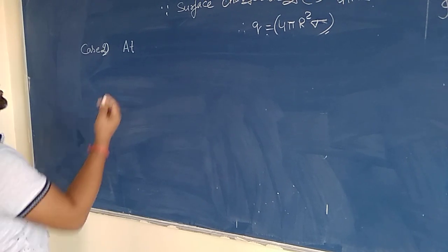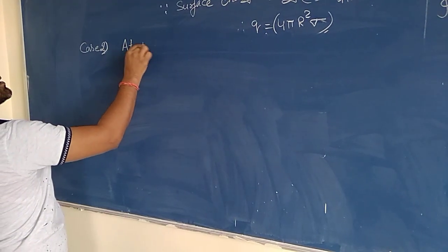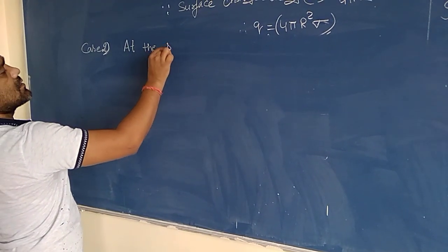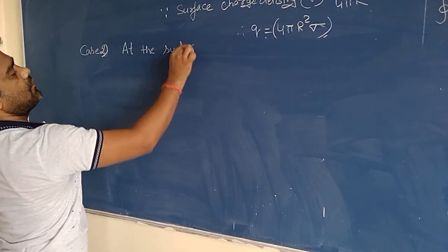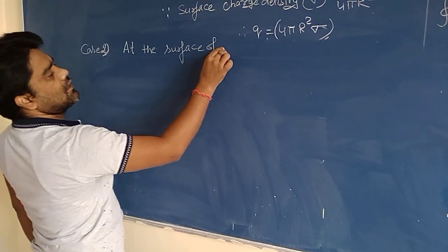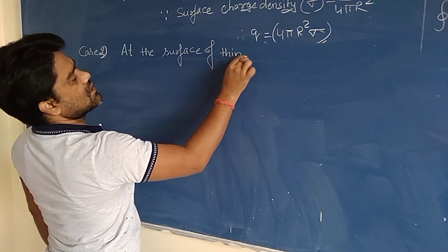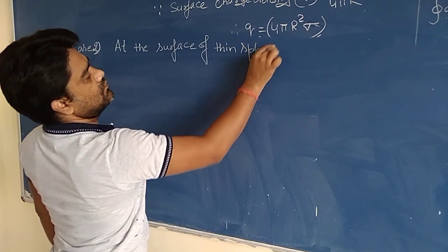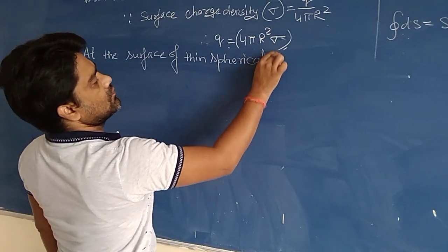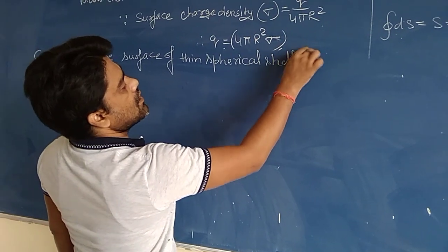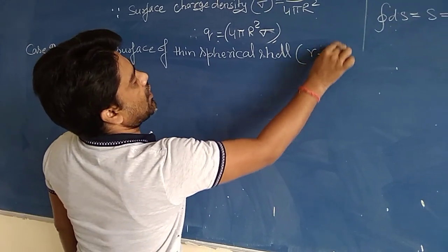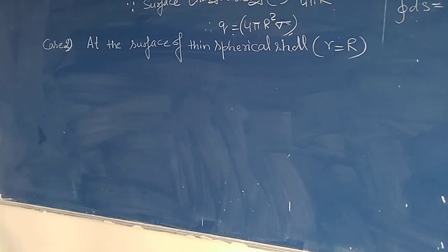We are calculating the electric field at the surface of the thin spherical cell. It can also be written as small r becomes equal to capital R.